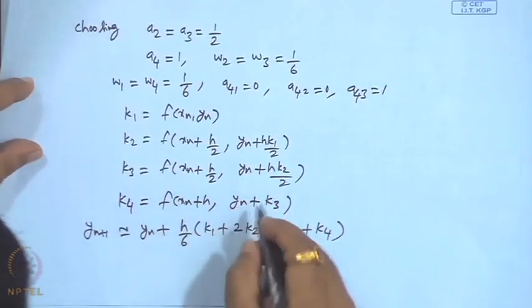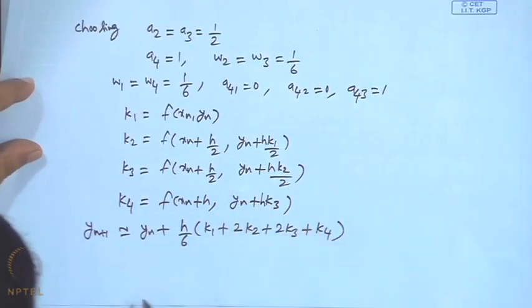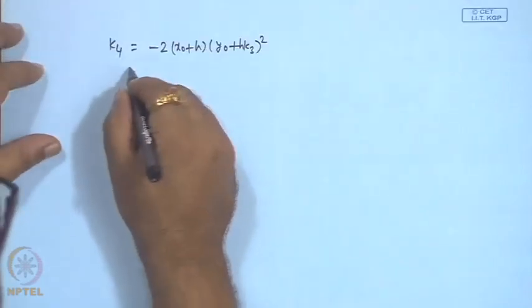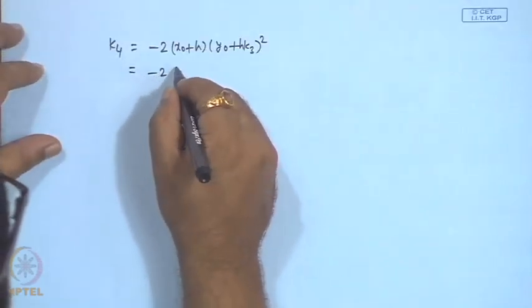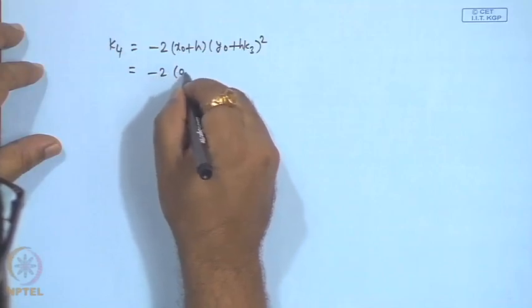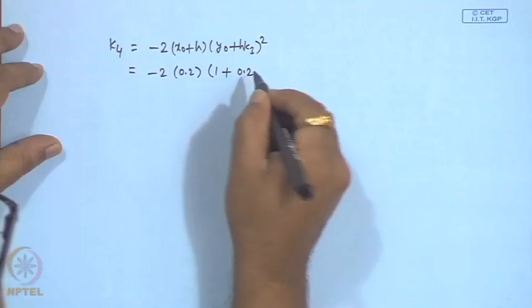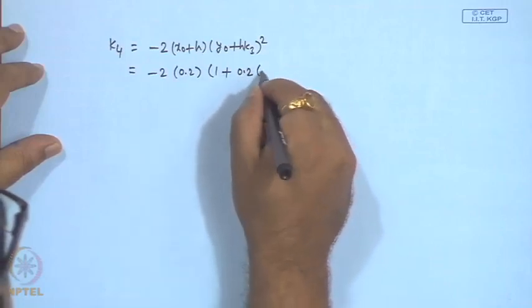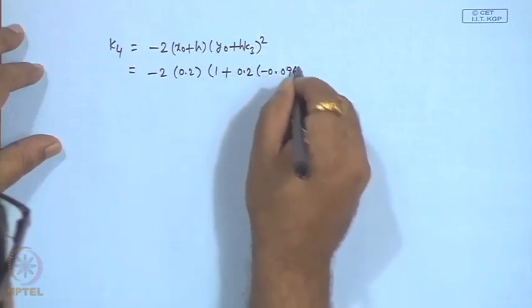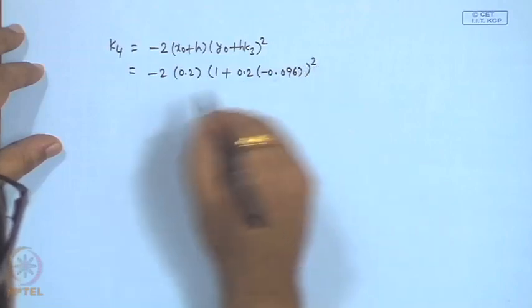Okay. So, k 4 is f of x n plus h, y n plus h k 3. Okay. So, this is minus 2, x 0 is 0, h is 0.2, y 0 is 1, h is 0.2 and k 3 is minus 0.096, square.